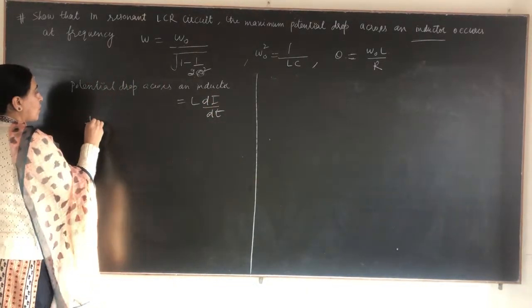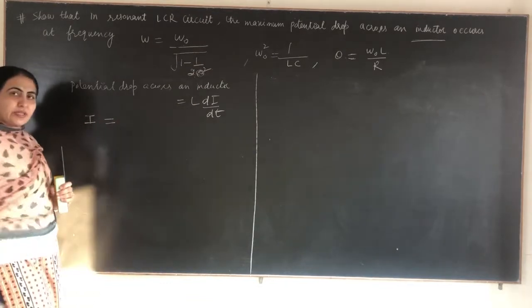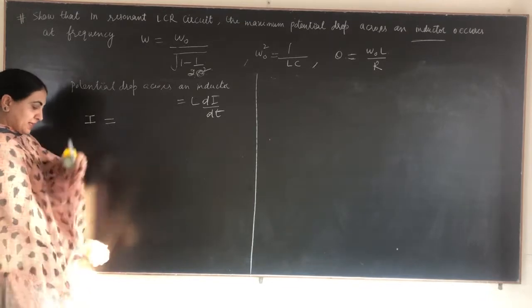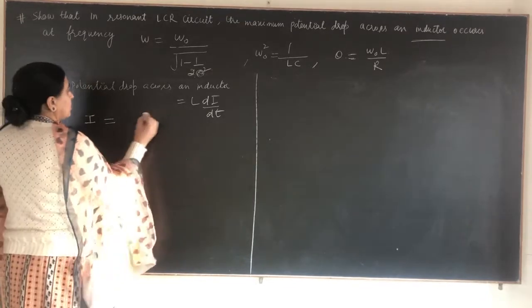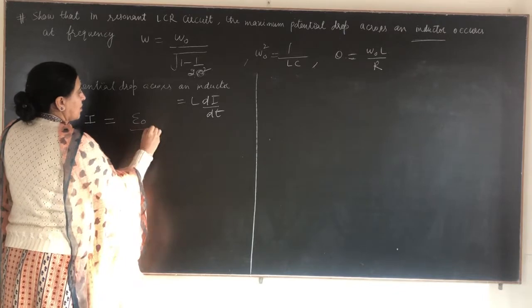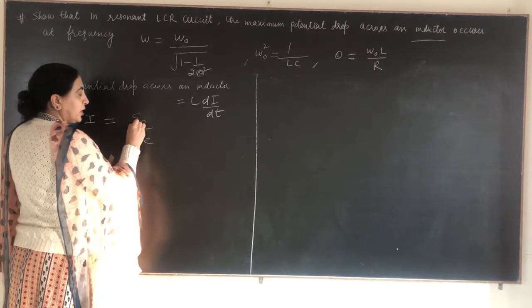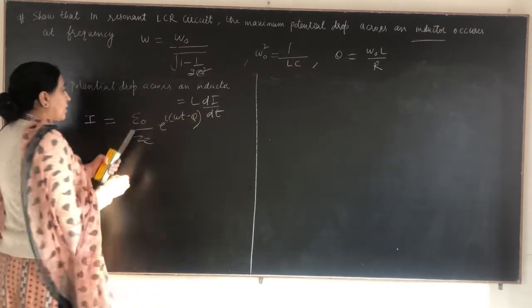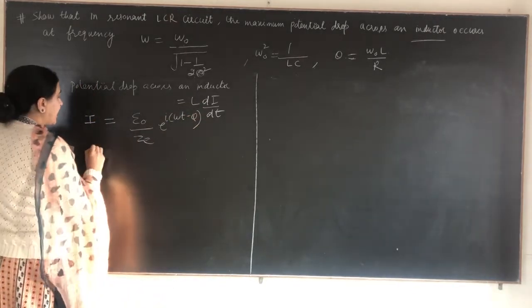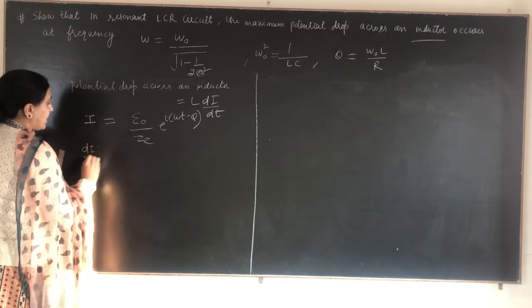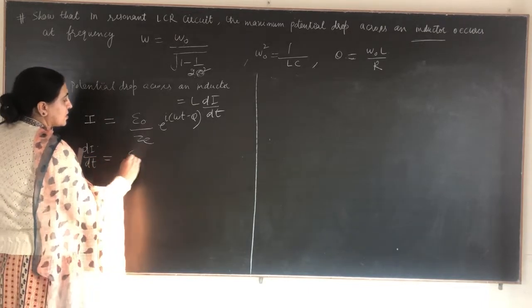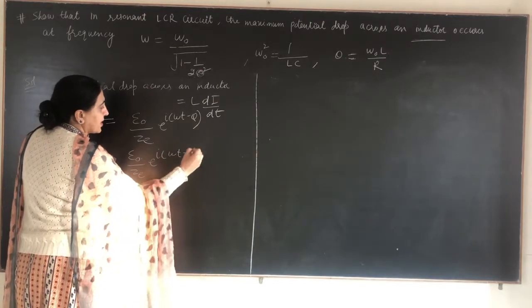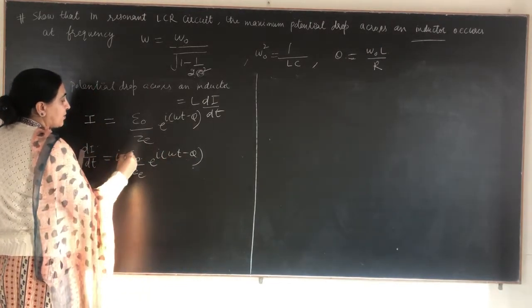Now we know I in a forced electrical oscillator; we have derived this relation for I: I is equal to xi naught upon Ze, you can also write E naught, e raised to the power iota (omega t minus phi). Now take its derivative, di by dt, that is equal to xi naught over Ze, e raised to the power iota (omega t minus phi), multiplied by iota omega.